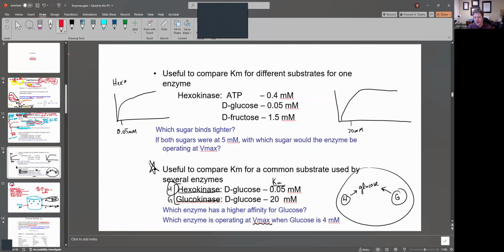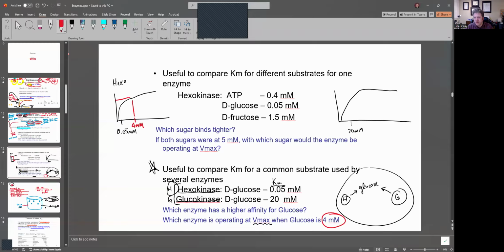Now I'm going to draw a red line to indicate where I am on my x-axis whenever I've given my enzyme 4 millimolar of the substrate. Well, I'm about here. Where does that match up? Okay, well, that's not at my Vmax, but I'm pretty close to it.